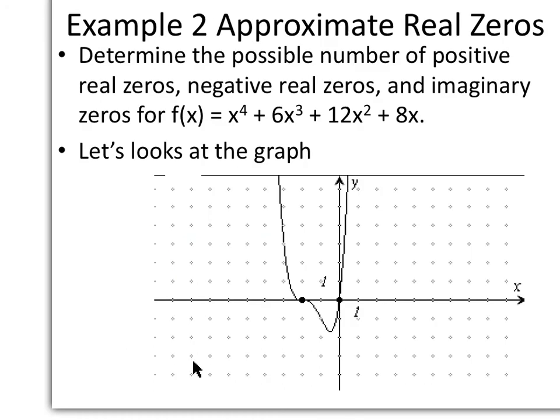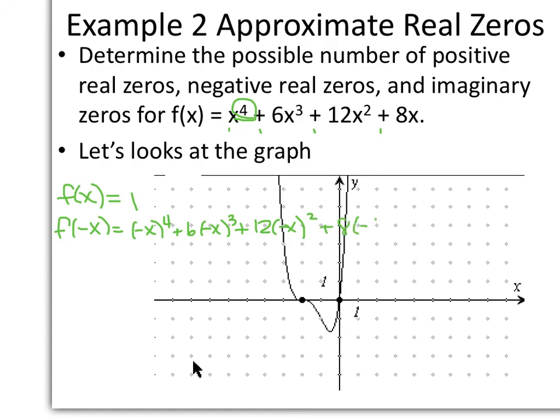So here's an example. This is 4 zeros. So if we did f of x, I look at this 1, 2, 3, 4. They all stayed the same, so it has 1 positive real 0, right? Because if I take 1 minus an even number, I get a negative number. And then if I do f of negative x, that would be negative x to the 4th plus 6 times negative x to the 3rd plus 12 times negative x squared plus 8 times negative x.